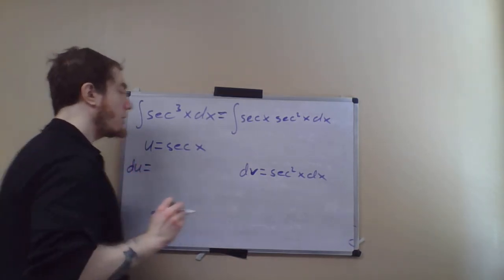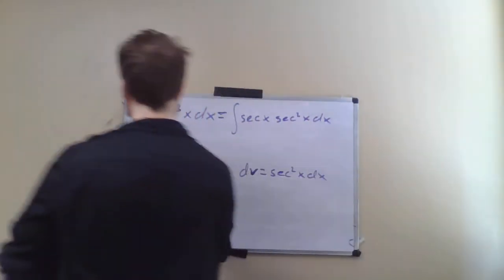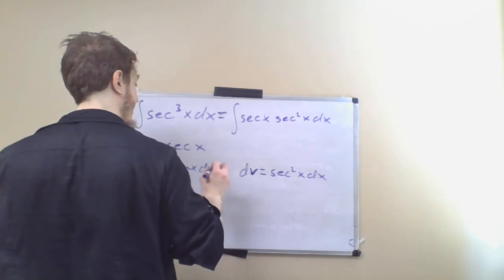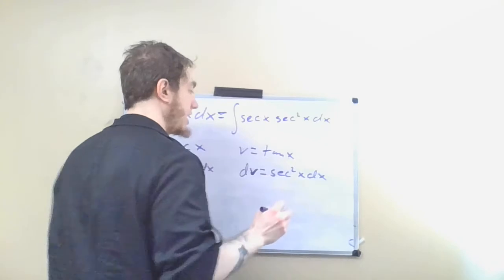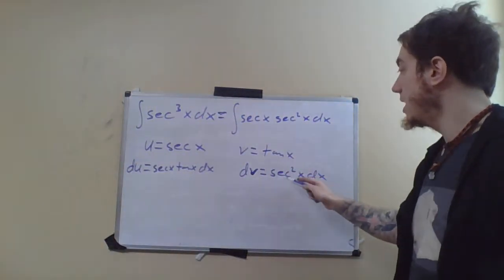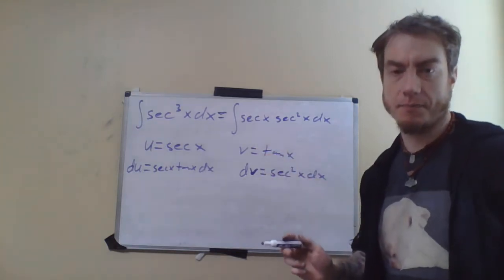Well, when you do this, then your du is going to become secant x tangent x dx, and v is going to just be tangent x, because remember, we know the derivative of tangent is secant squared, so we can go back from dv to v fairly easily here.